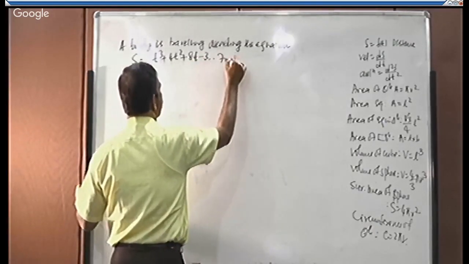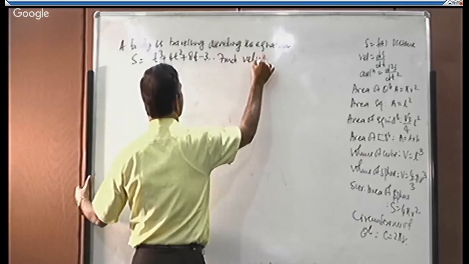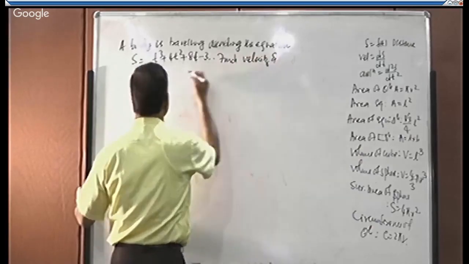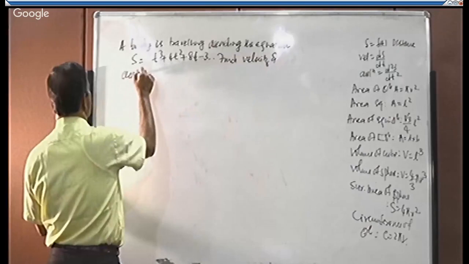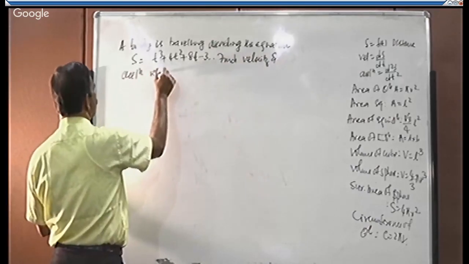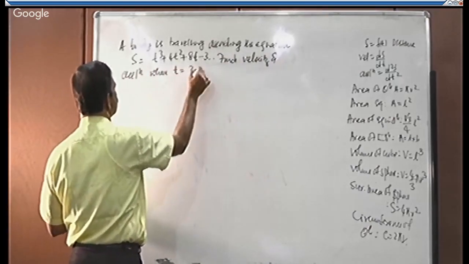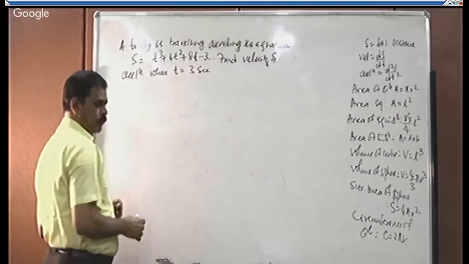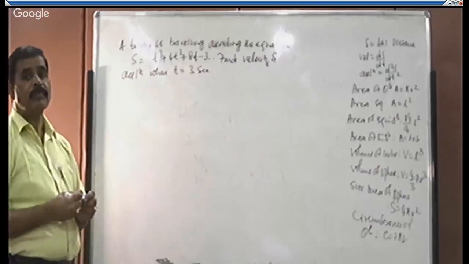Find velocity and acceleration when t is equal to 3 seconds or 3 units of time.